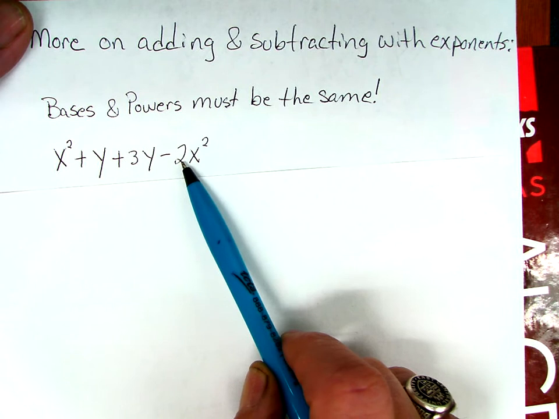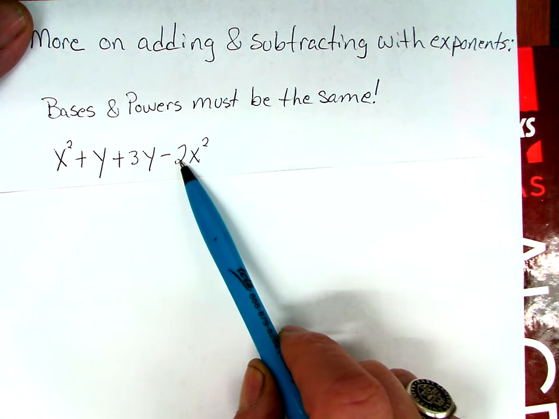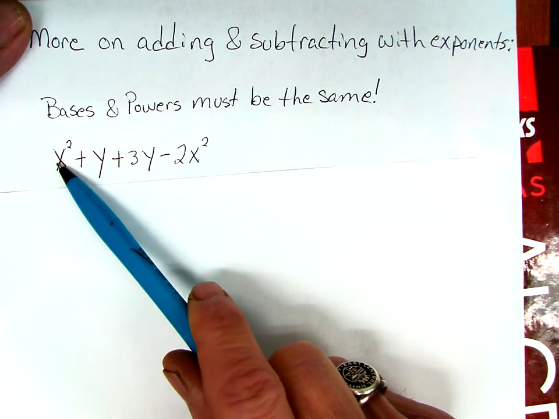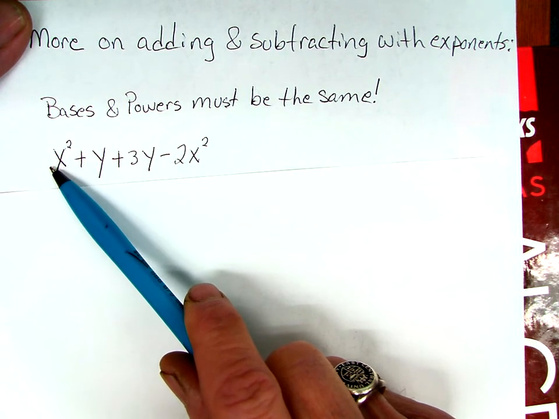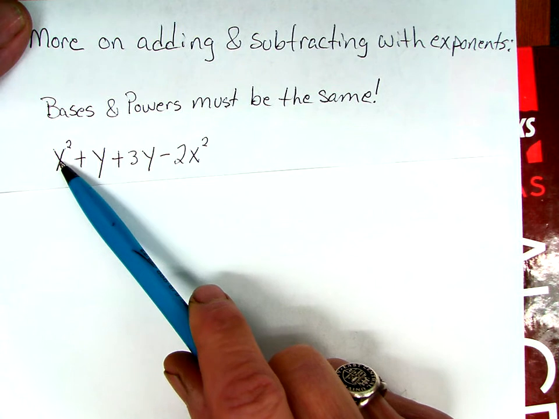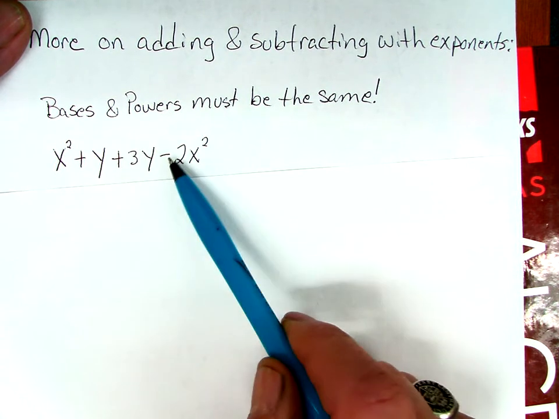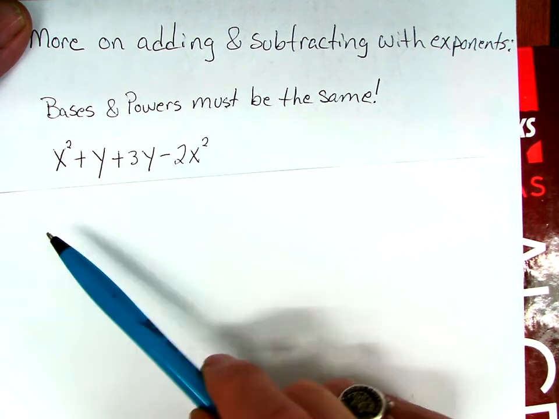It doesn't matter that this coefficient is negative 2 and this one is 1. The coefficients don't matter. It's the base and the power. So the x squared and minus 2x squared go together.